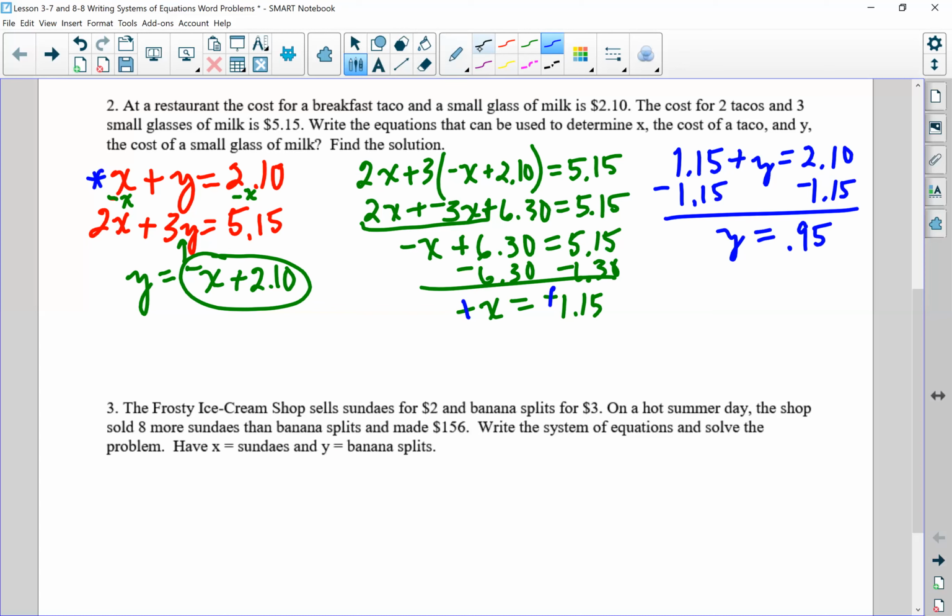So my final answer for this: a taco is $1.15, and milk is 95 cents.